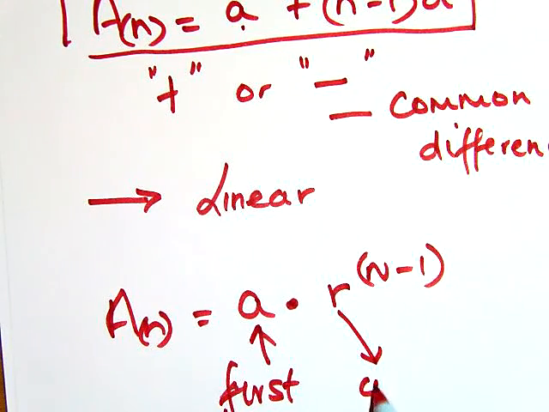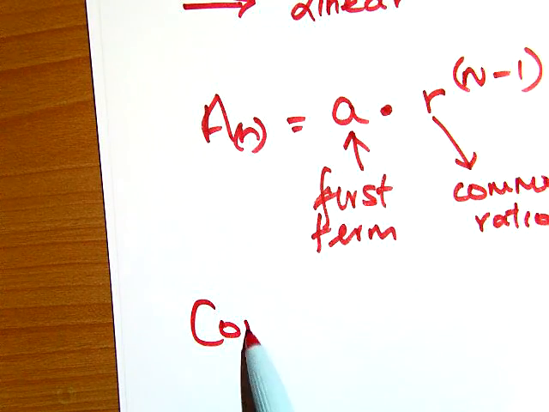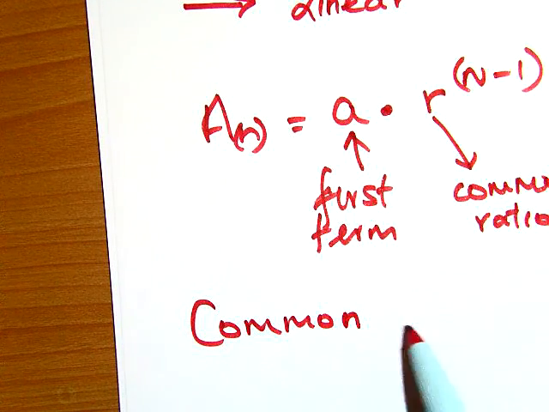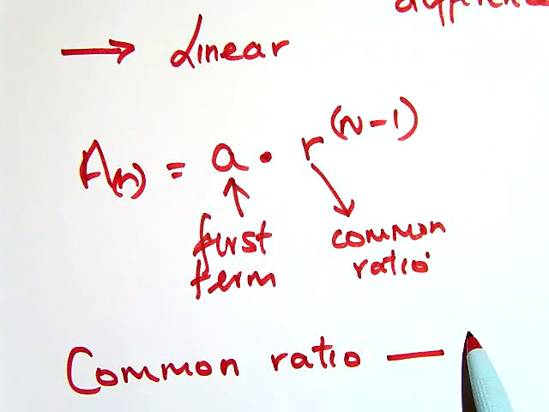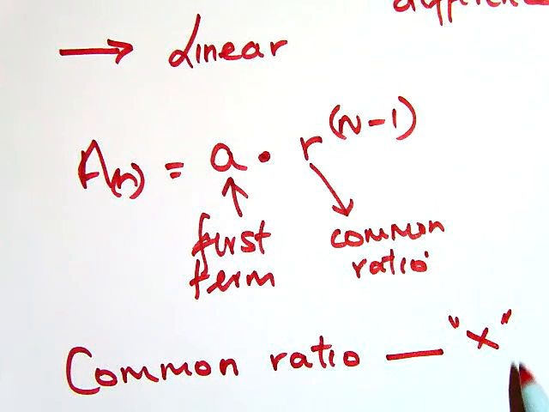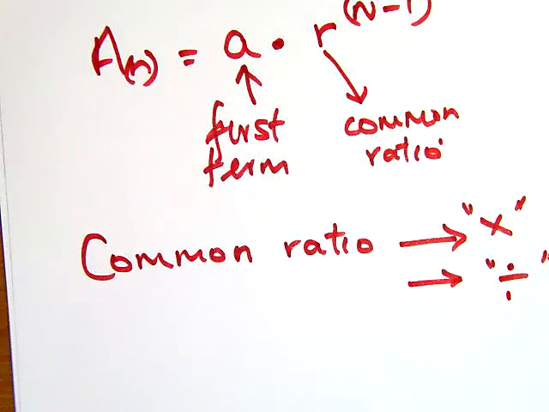R is what we call a common ratio. And this common ratio is whatever we are multiplying or dividing by each time. So whatever we are multiplying each time or whatever we are dividing by each time to get the next term in the sequence, that number is called the common ratio.